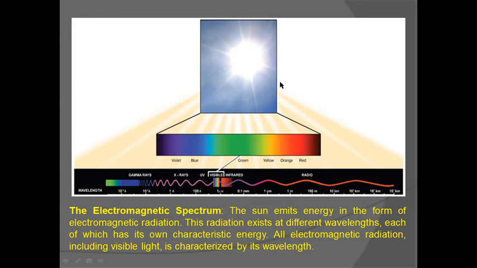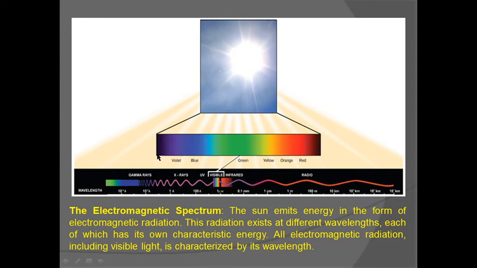Students, look at this picture. This is the electromagnetic spectrum of light, and this is the visible light. It contains violet, blue, green, yellow, orange and red colors.